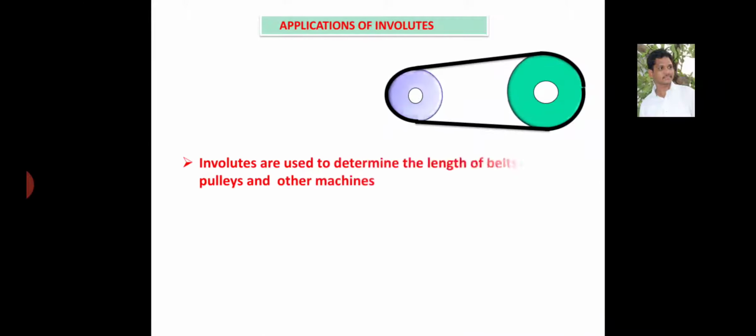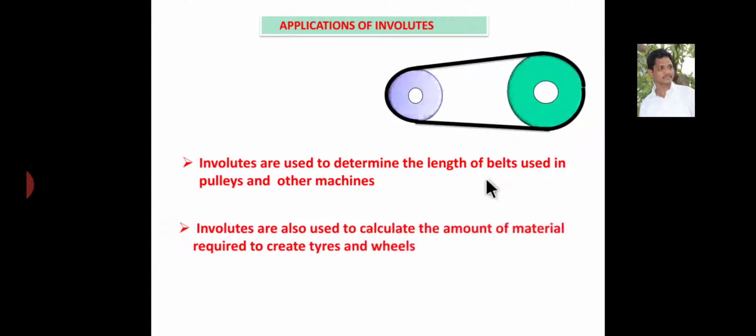So by using the involutes concept, involutes are used to determine the length of the belt required to transmit the power from one shaft to another shaft. Another application is that involutes are also used to calculate the amount of material required to create tires and wheels.